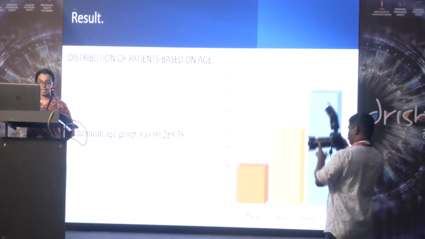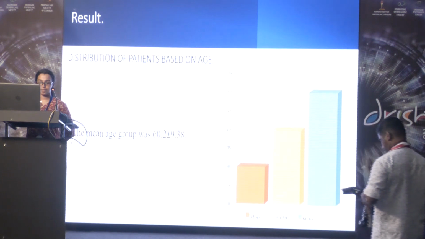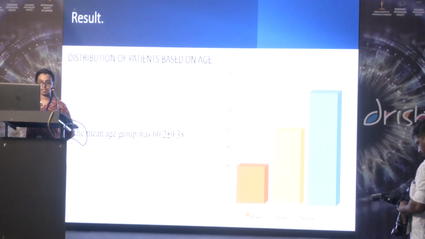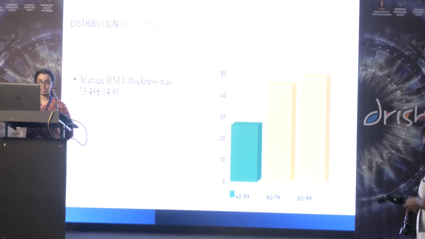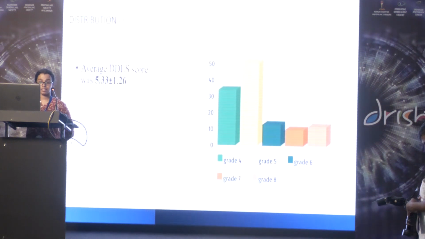Result: the mean age was 60.2 with a standard deviation of 9.38. Among the subjects, 33% were males and 6.7% were females. Average RNFL thickness was 73.48 with a standard deviation of 14.91. Average DDLS score was 5.33 with a standard deviation of 1.26.